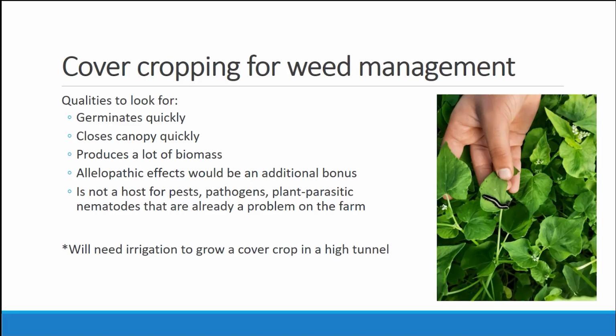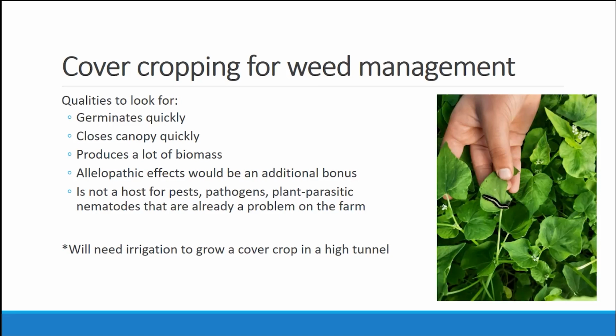Start with soil that at least looks moderately weed free. Seed your cover crop, and you'd want that cover crop to germinate and close canopy before your weeds can beat them to it. You'd also usually want it to produce a lot of biomass. That kind of goes hand in hand with closing canopy quickly and shading out the potential weeds.